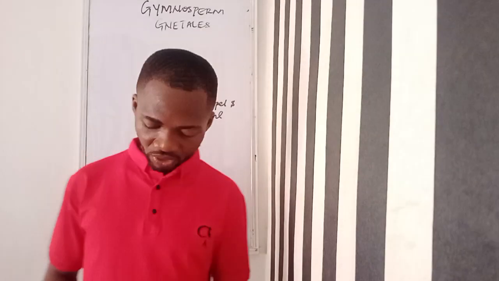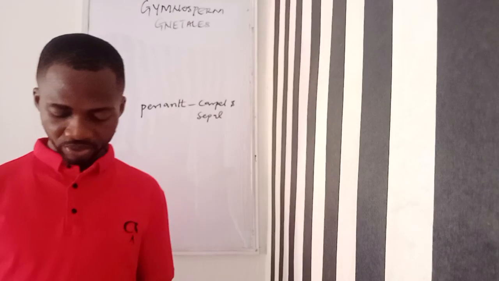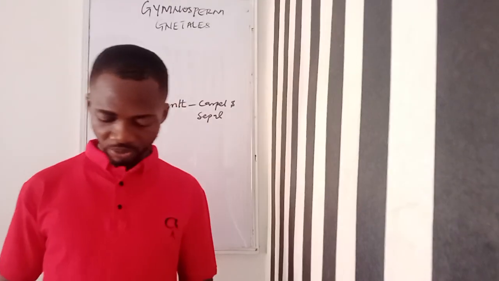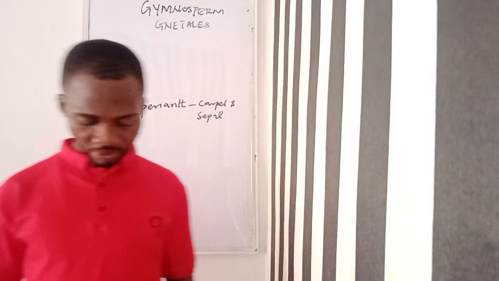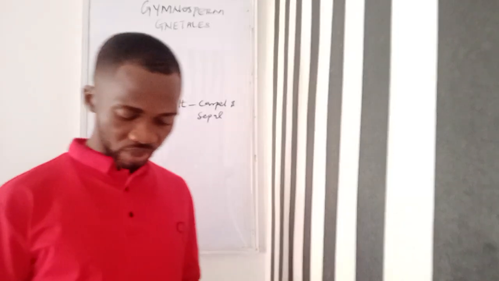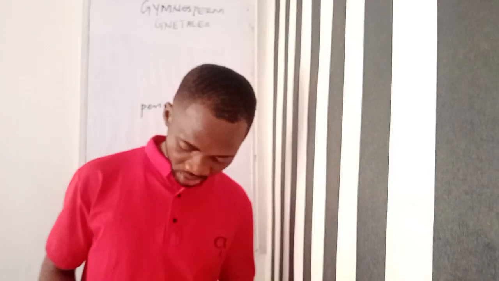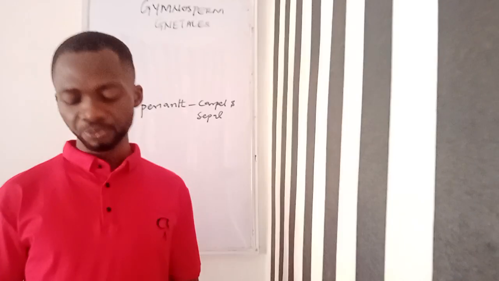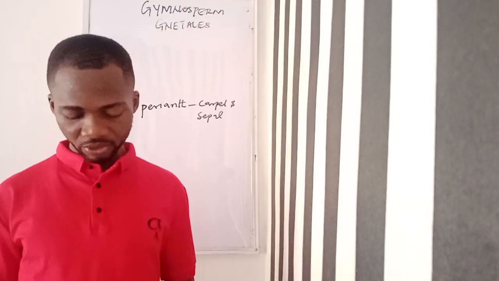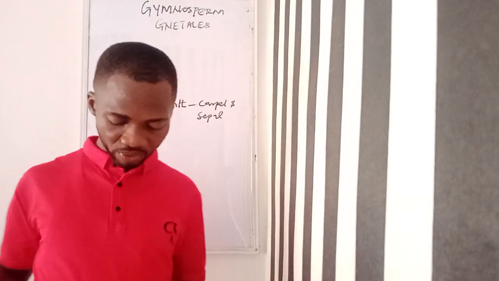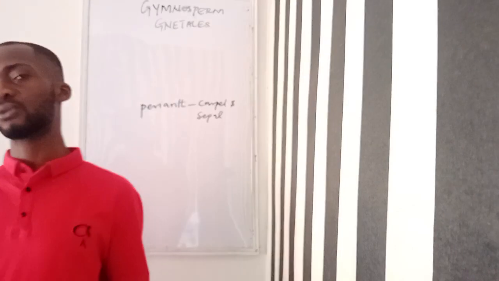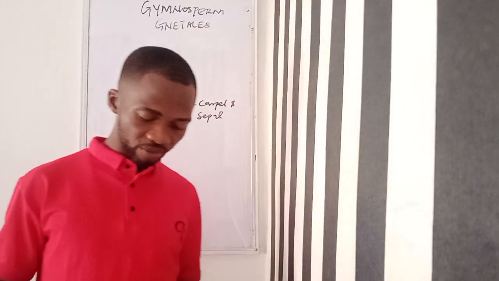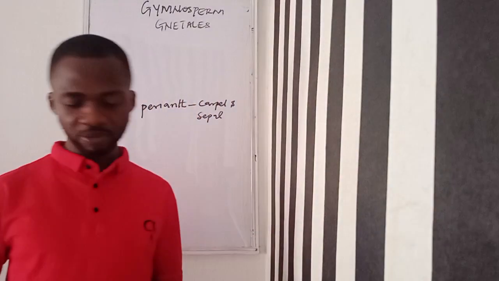Yes, the young sporophyte makes use of the food stored by the parent sporophyte during development. This is true for both gymnosperm and angiosperm. The megaspore is enclosed in the megasporangium, which is also called the nucellus, and this germinates into the female gametophyte within the megasporangium.